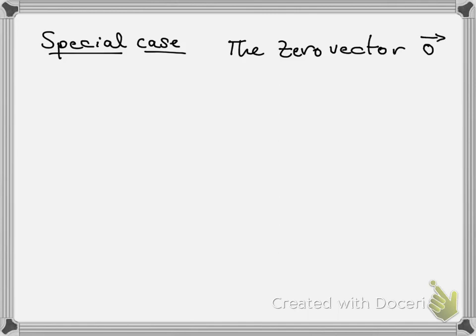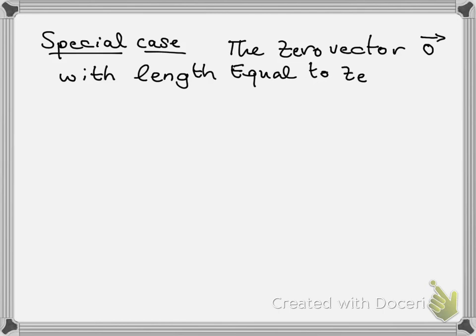It's a vector with magnitude or length equal to 0. Actually, you can think of the zero vector as just a point, because the displacement, or the distance from a point to itself, is just 0. So that will be a vector 0.